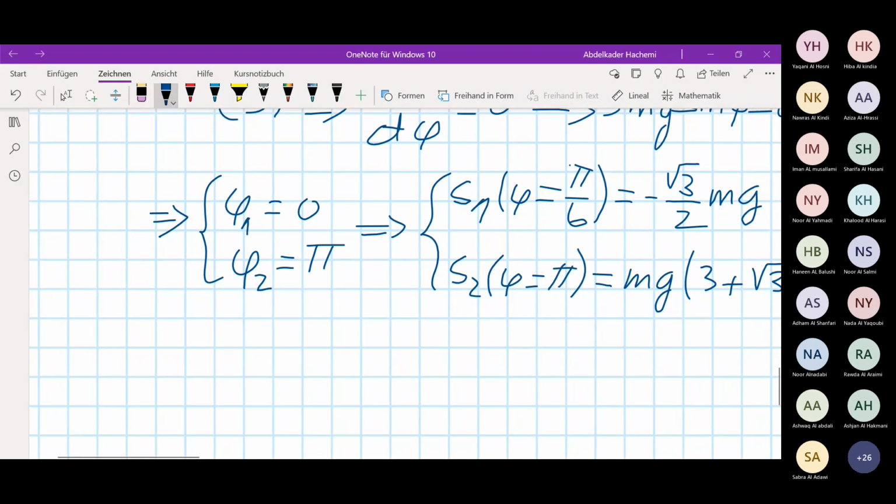Now coming to the third question, where the rod force changes sign.